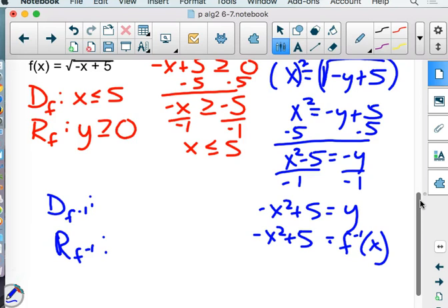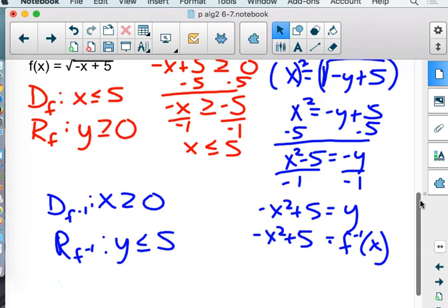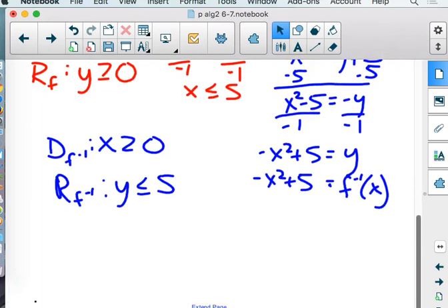So it'll be x is greater than or equal to 0. And what do we put for the range of the inverse? Y is less than or equal to 5. And I would want to check that, even if I just did it in my head. So what does this graph look like?